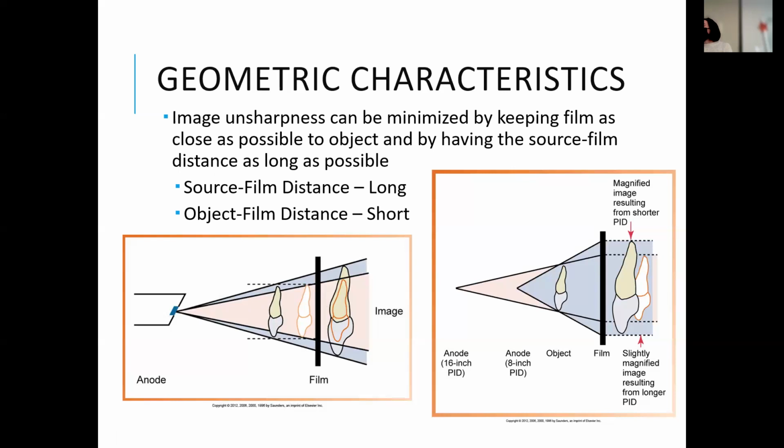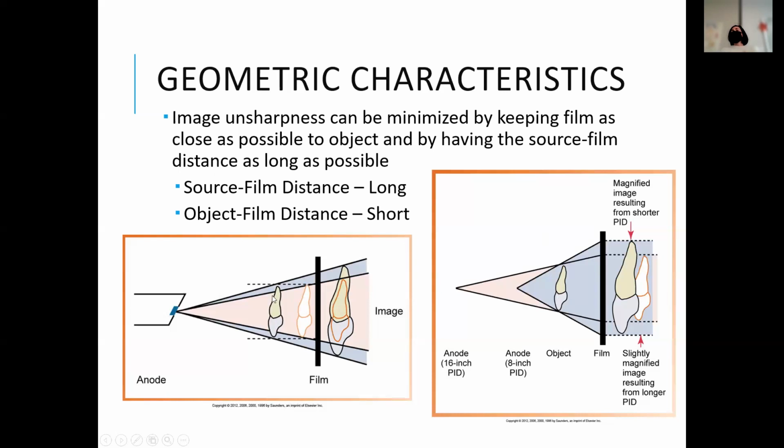Yeah, it's just the magnification. So source film distance, the source is your tungsten target, and you want that distance as long as possible. Oh, this is showing the tooth closer. See, if the tooth is closer to the film, you get a more accurate representation. That's what they're showing here.